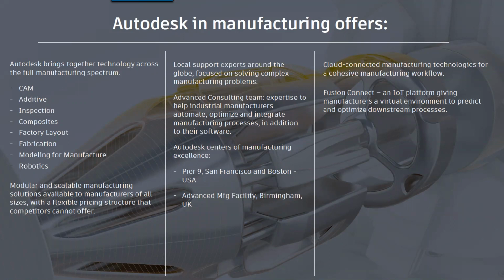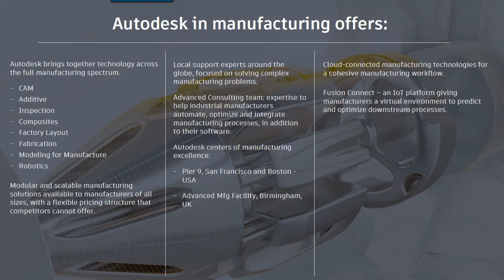The nice thing about that is that they don't just create the software and then give it out to the customers. They actually have different facilities where they test the workflows, right? What kind of company would they be if they're not testing the software that they're providing to their customers? So there are different facilities. One is actually in San Francisco, called Pier 9. They do anything from subtractive to some of the multiple technology.